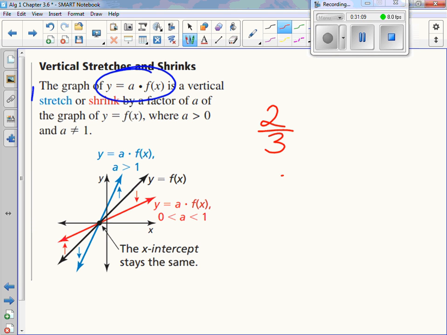How about 5/4? Is 5/4 less than 1, or is it greater than 1? It's greater than 1, isn't it? So this would be a stretch. It's really saying, is it greater than 1 or less than 1?